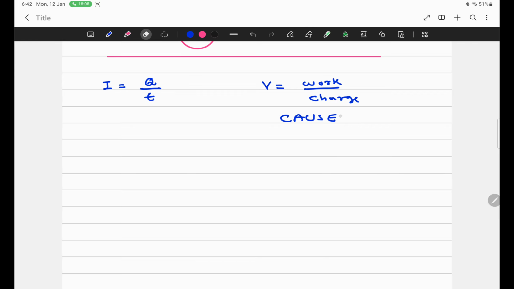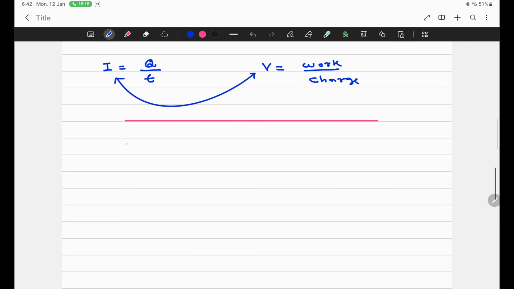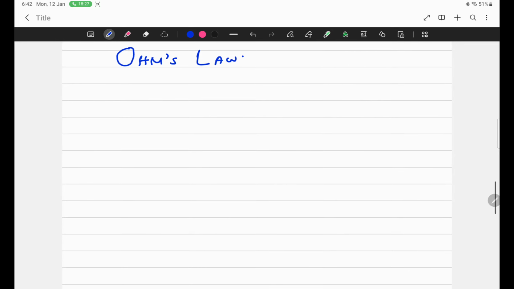Okay, so we have discussed these two basic definitions, and now we are starting the relation between these two quantities. And you know this relation in IGCSE, it was Ohm's law. So today's third heading is Ohm's law. What is Ohm's law?